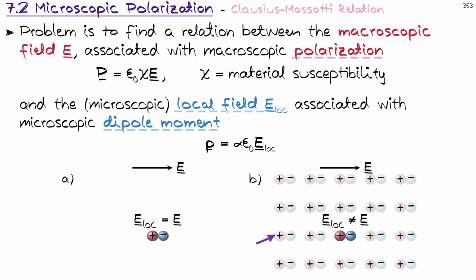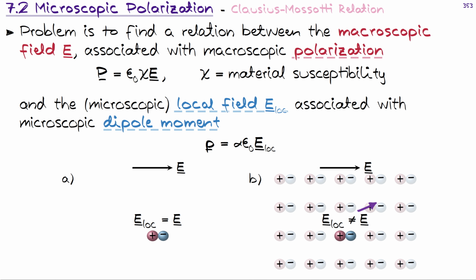In the case when we have a macroscopic solid and not just a single molecule or atomic emitter or scatterer, but rather a periodic substance, then the incident field is hitting many atoms, many molecules inside our solid.